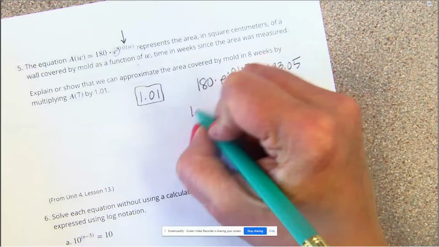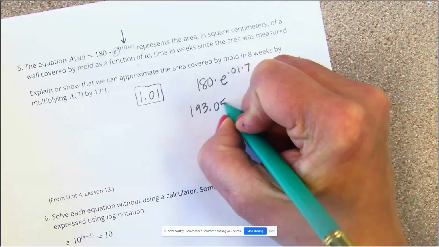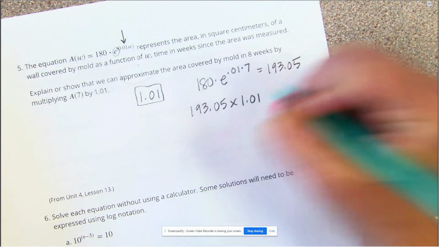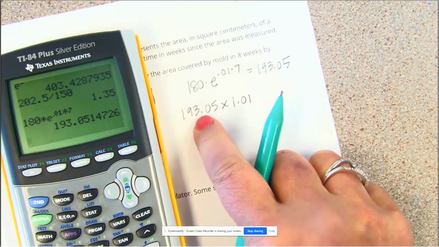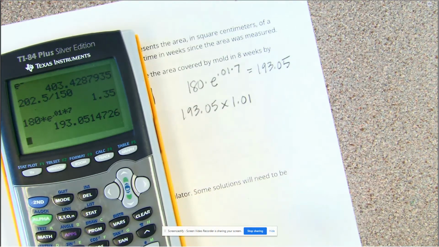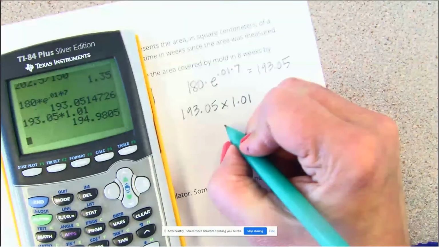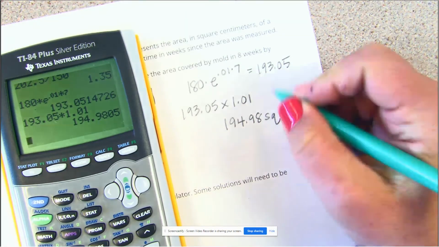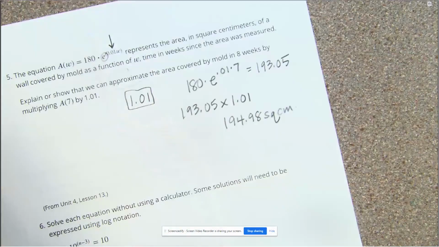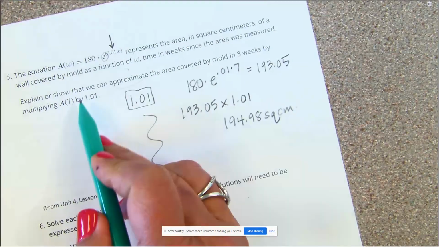So I should be able to just take that answer and multiply it by a growth of 1%, right? I need the 1 to carry the amount from week 7. So now I've got 193.05 times 1.01, so about 194.98 square centimeters. Now let's see how close that is if I just would have put 8 in here.